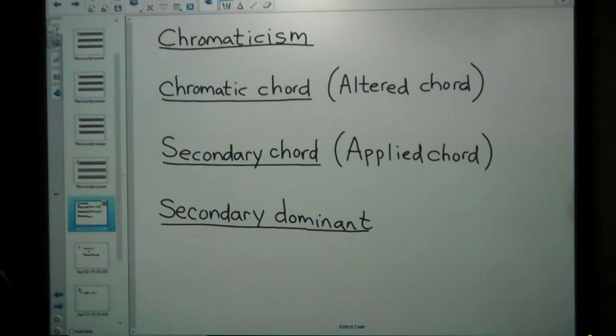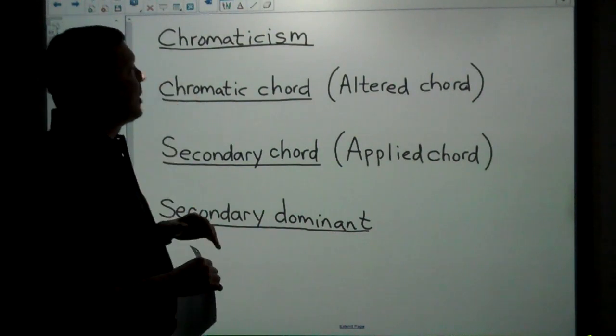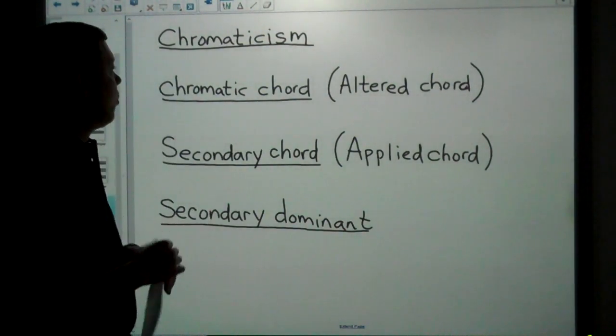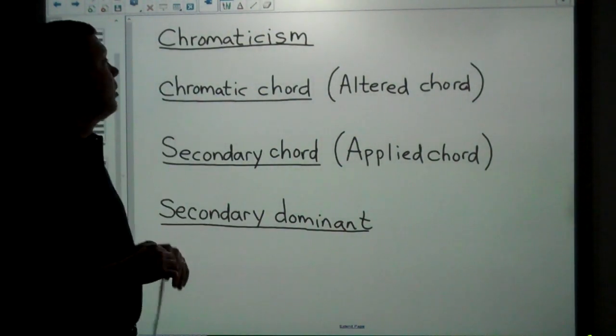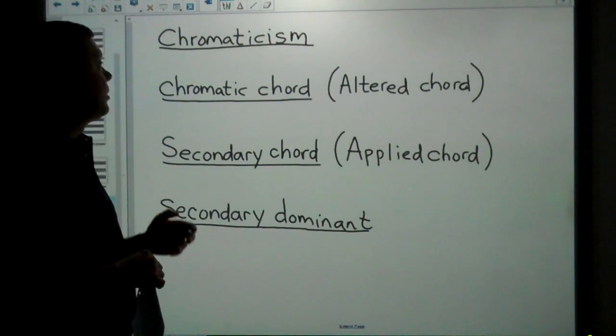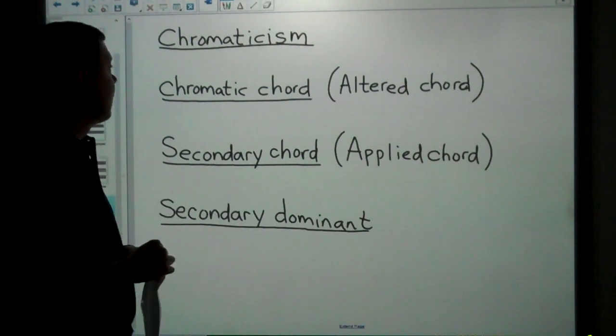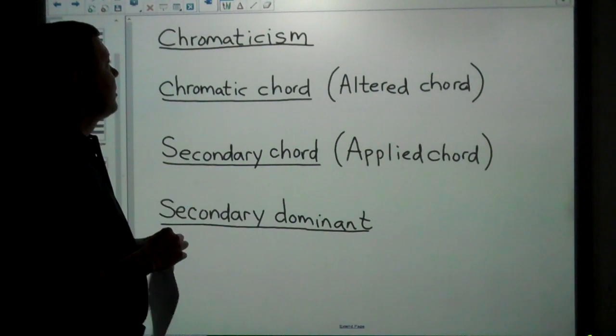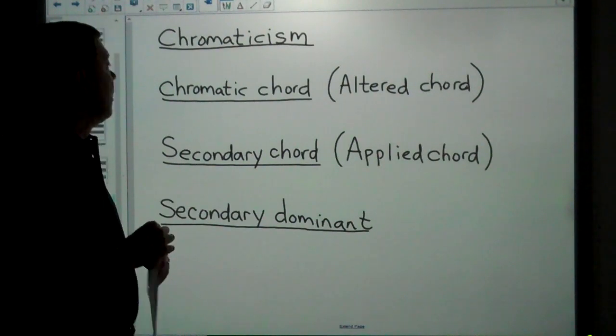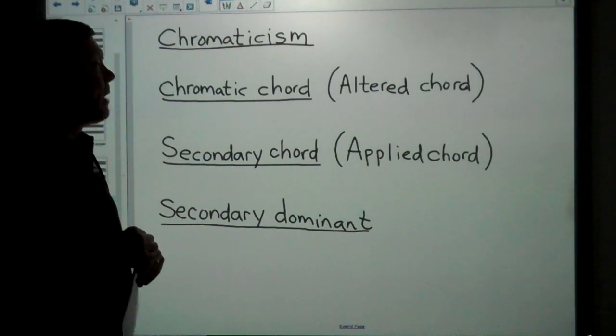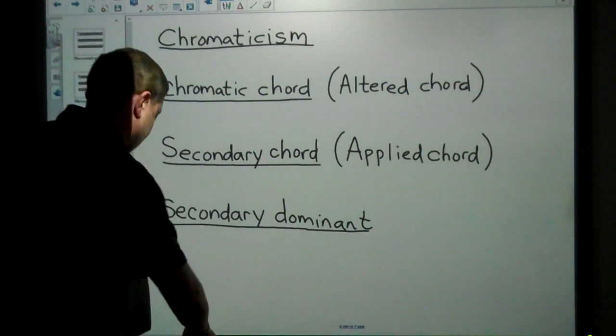So chromaticism refers to pitches that are foreign or do not belong to the key of the music. Any kind of pitch that's foreign or doesn't fit would be an example of a chromatic pitch in music.